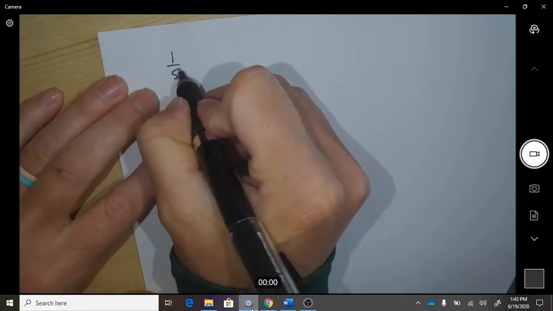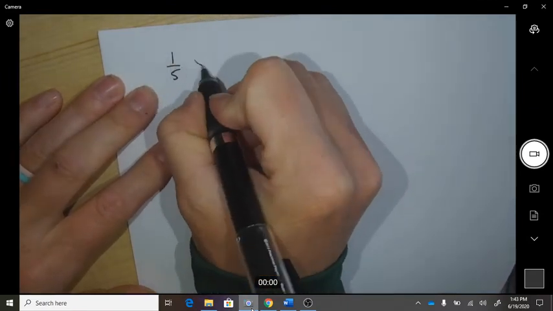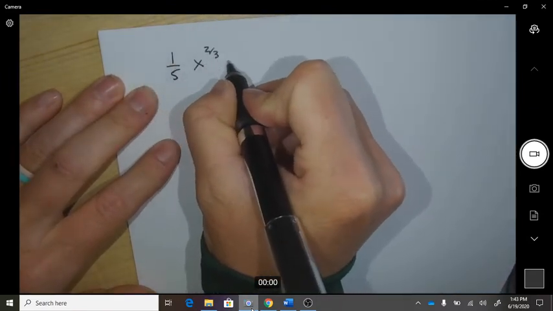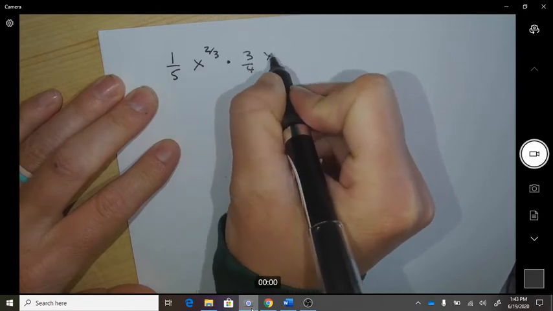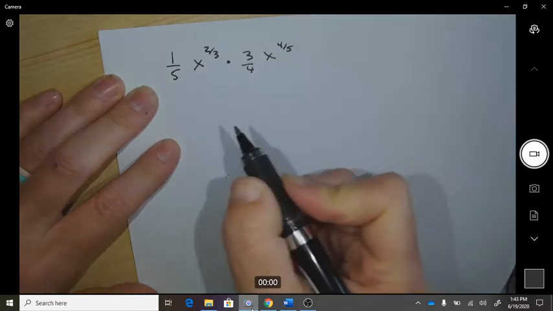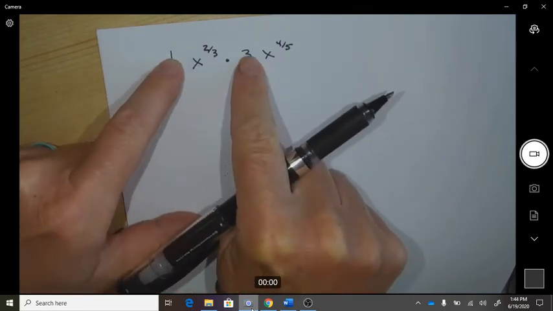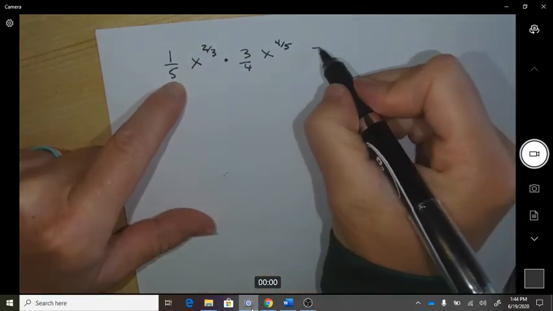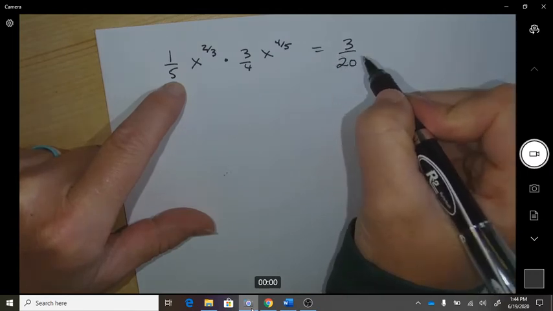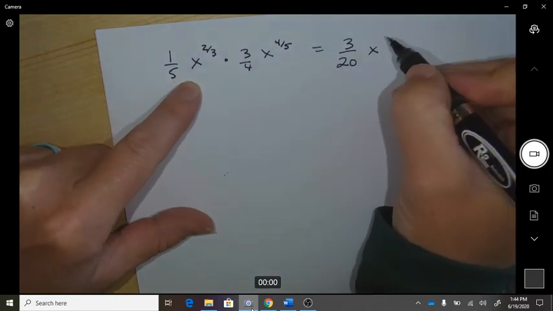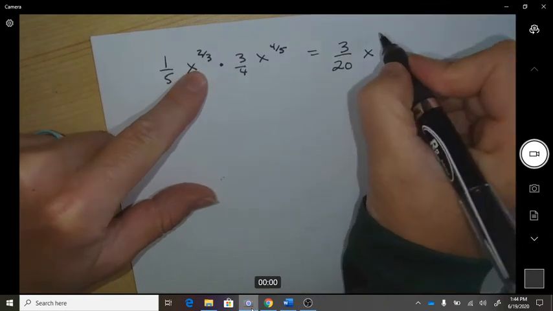Okay, I'm going to do some more examples here. 1/5 x to the 2/3 times 3/4 x to the 4/5. Okay, so I'm going to times those coefficients. So the top is 3, the bottom is 20. And then I'm going to add the exponents.